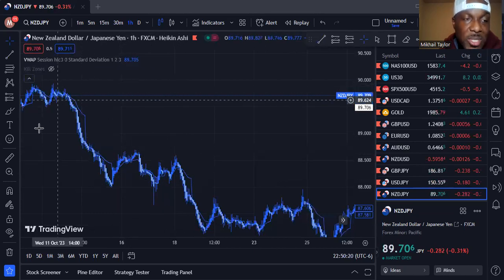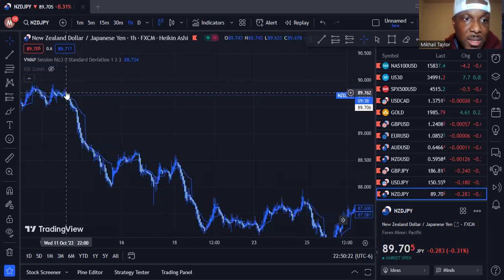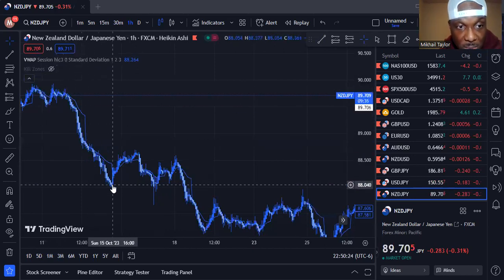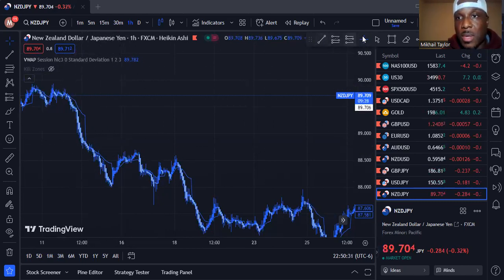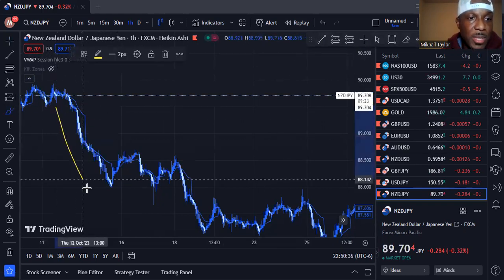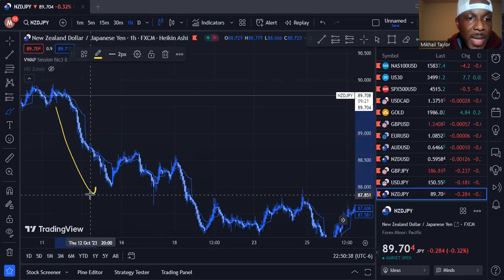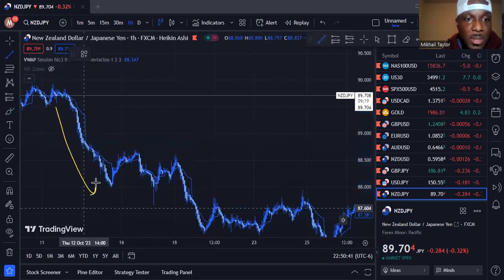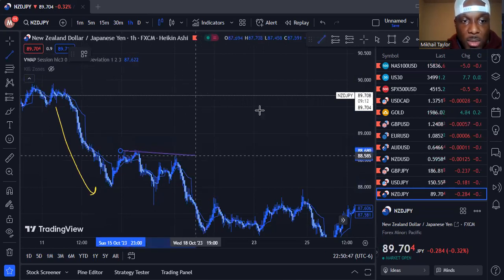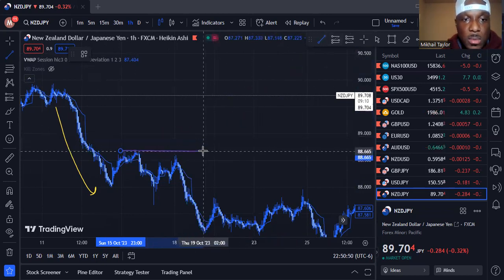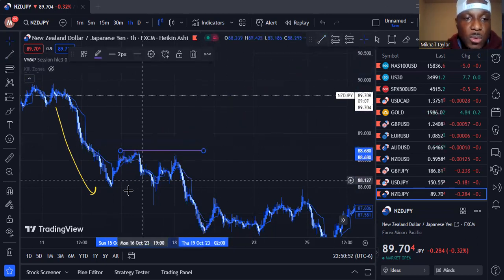So this, to me, from what I'm understanding, price dropped, but it never got into a trend. So it dropped, came here. So I would just say price dropped here, but I don't think it got into a trend. Then here it began to kind of get into a range, if you will.